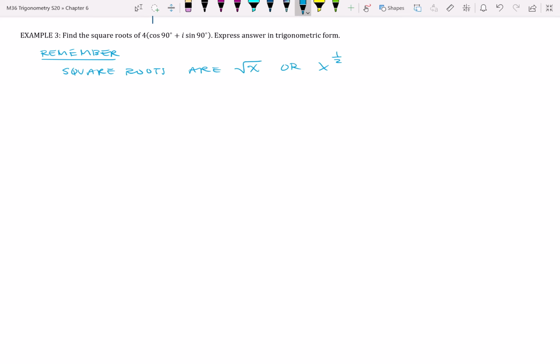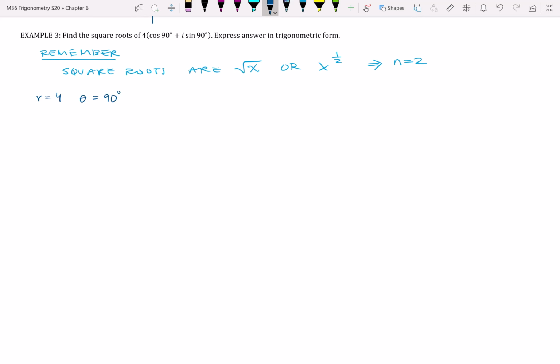And so here my n would be 2 because we're looking for the square roots. That implies that n is equal to 2 in this case. So we also know that r is equal to 4, and we know that theta is equal to 90 degrees.